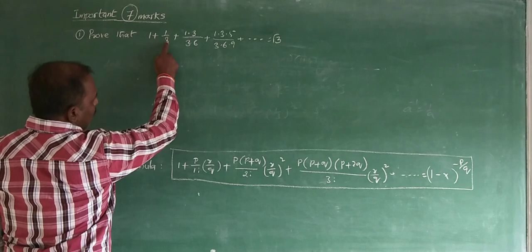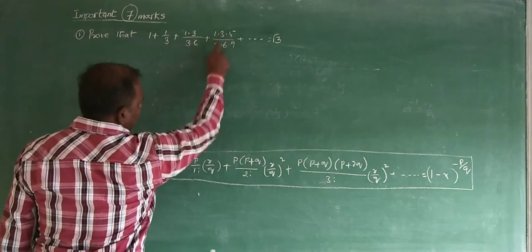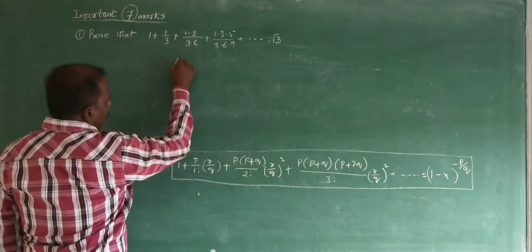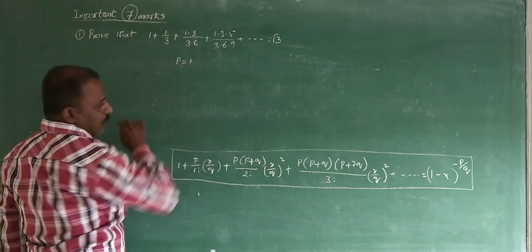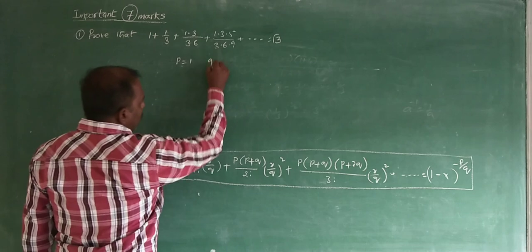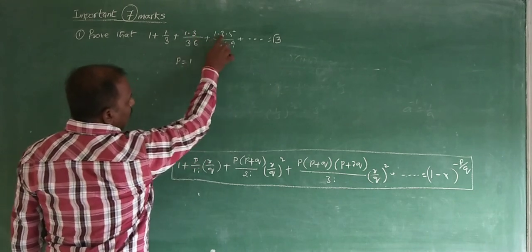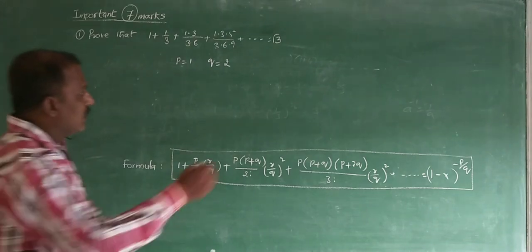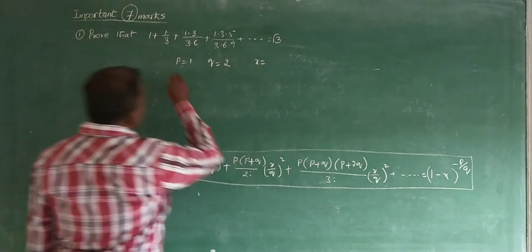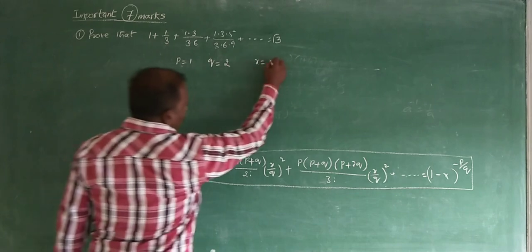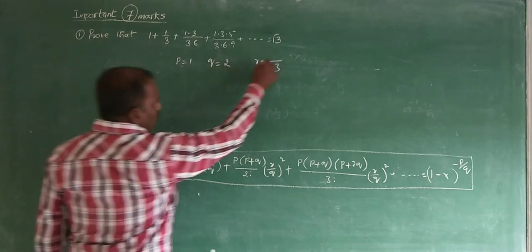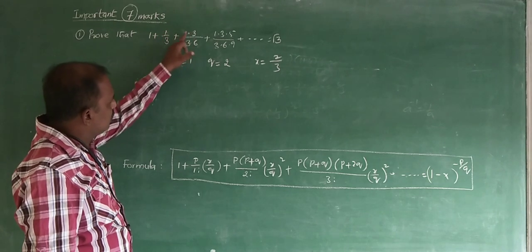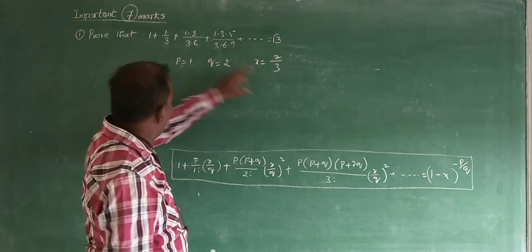Single term by single term, 2 terms by 2 terms, 3 terms by 3 terms. Observe it. I can write p as 1, single term by single term. What is q? The difference, which is 2. What is x? Here 3 is the denominator, so x is 2 by 3. P is equal to 1, q is the difference, and x is the difference by the first term.